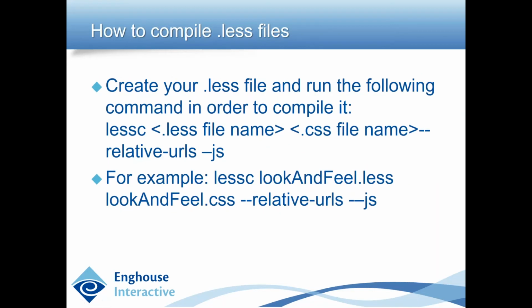Now, in order to compile a file, you just create the less file and run this command. For example, look and feel.less, that's the less file, and look and feel.css, that's going to be the output CSS file. And these are just parameters to make it work with our infrastructure.